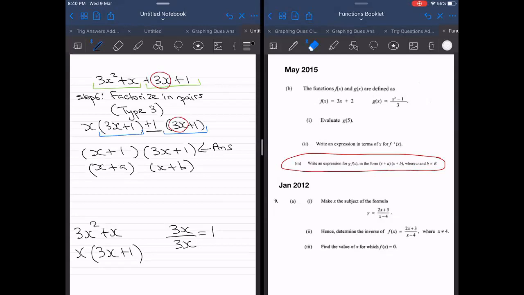What they were asking you to do is, when you do g of f of x, you would realize you get a quadratic, and when they said put it in the form x plus a, x plus b, what they were saying in very difficult terms is factorize the quadratic. So if you didn't know how to factorize quadratics, you would have had a problem.